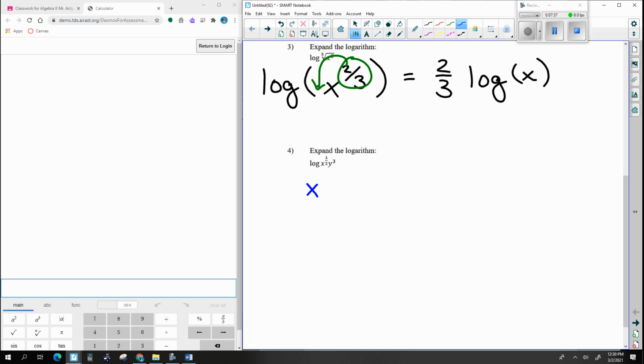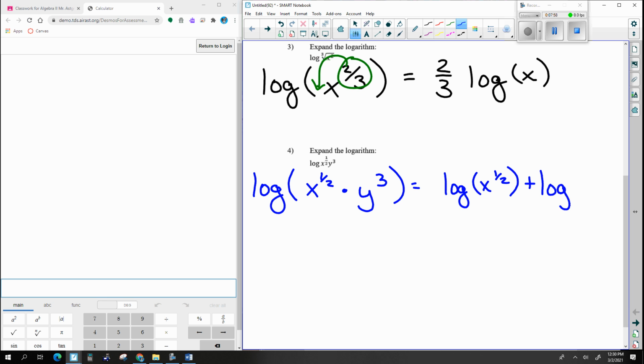Here I have x to the 1/2 times y to the 3rd. The first thing that I do is I look for any multiplications and divisions. I do have one right there, and I'll turn that into a plus. So that's going to be log x to the 1/2 plus log y to the 3rd.